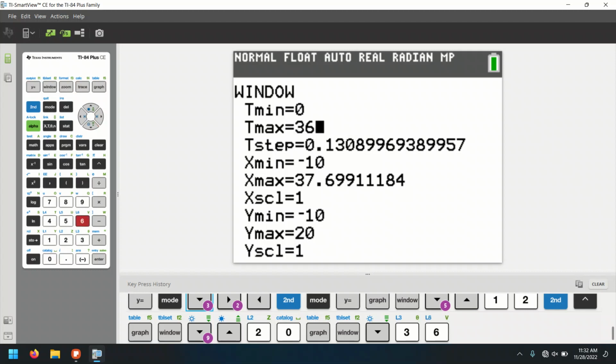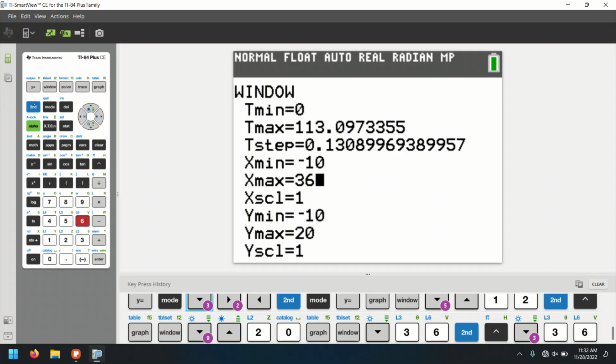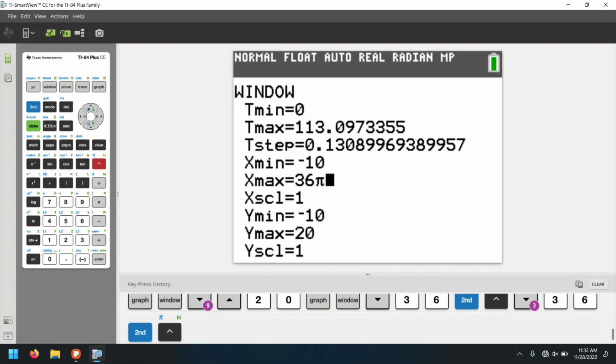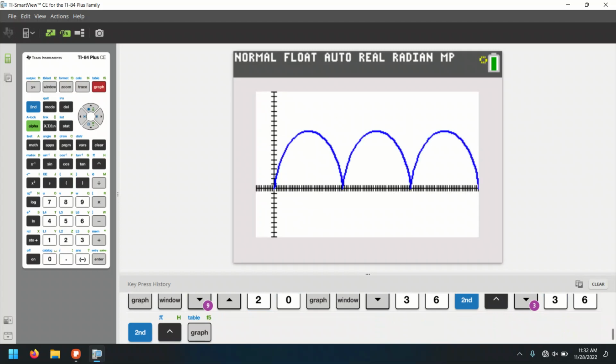So 36 pi. But I would like to do the same on the x direction. 36 pi. And let's graph. All right. Now you will see the three cycles of the cycloid, not just one.